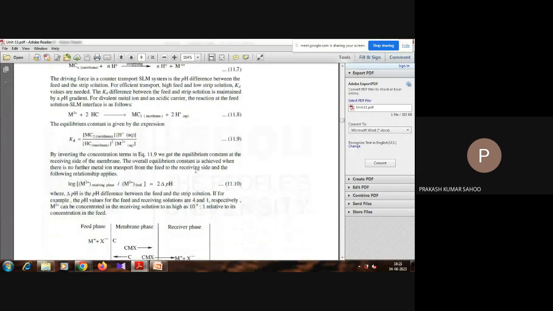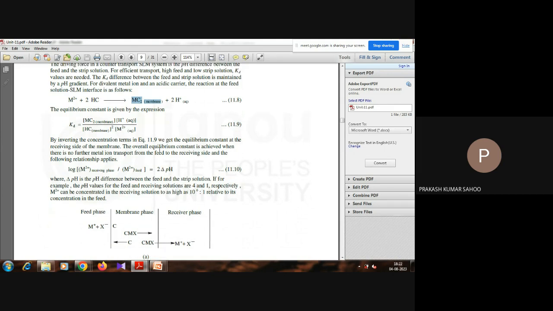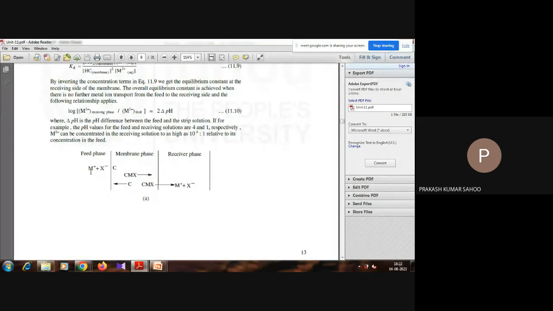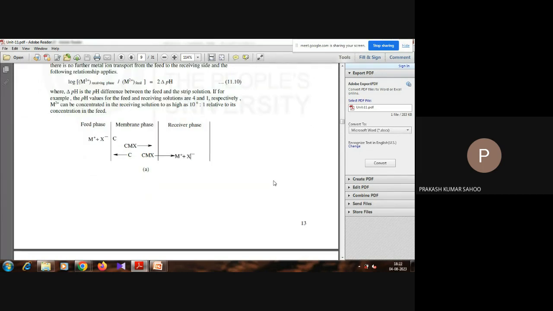Similarly these things happen and the equilibrium constant will be the concentration of the product, that is concentration of MC H-2 plus H plus squared, divided by HC membrane squared into M 2 plus. This is the equilibrium constant, that is concentration of the product divided by concentration of the reactant. So this is the feed phase, membrane phase reaction, and at the receiver end, the separation will be done depending upon the particle size.